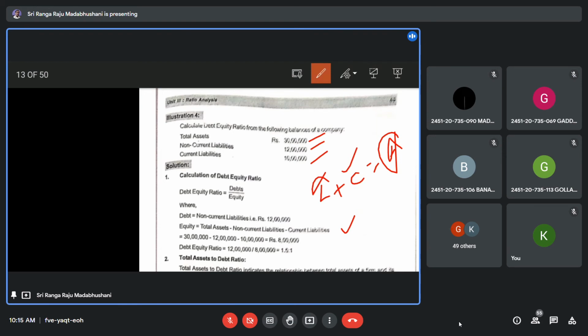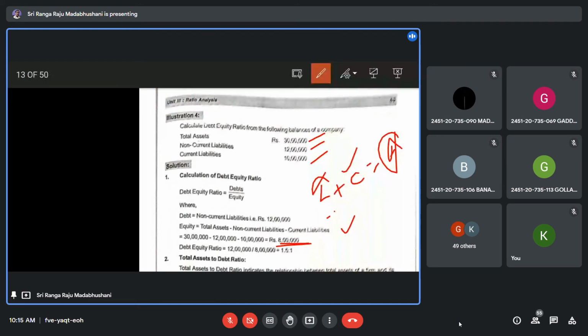Assets minus liability is equal to capital, and we need that capital, which means owner's equity. In liability you are not including the profit and loss account balance, reserves and all those things; only liability you are considering. So the difference will be owner's equity. Total assets minus current liability and non-current liability gives the owner's equity, 8 lakhs.